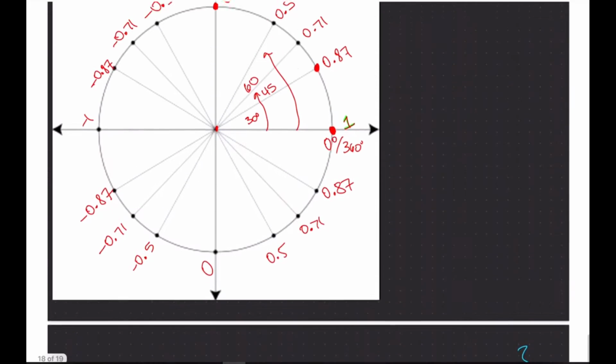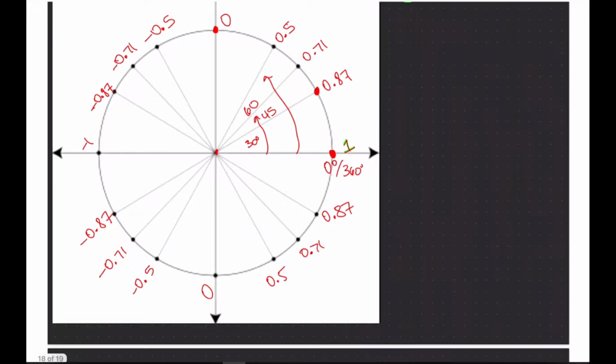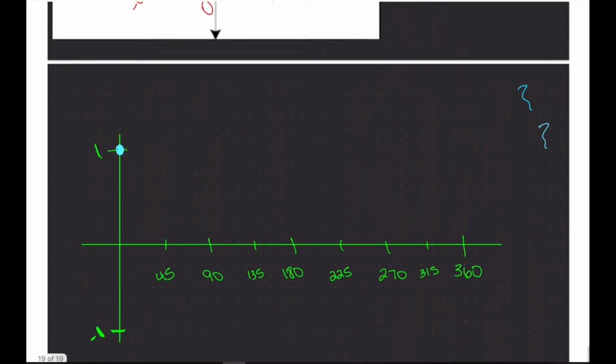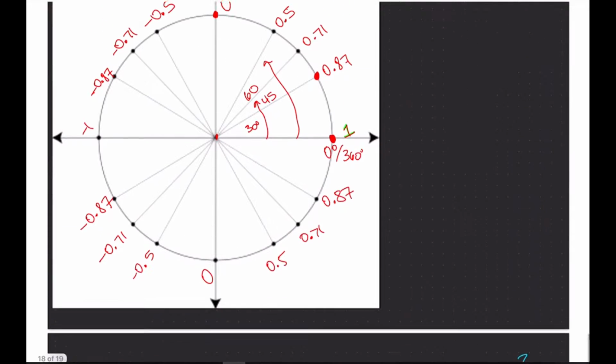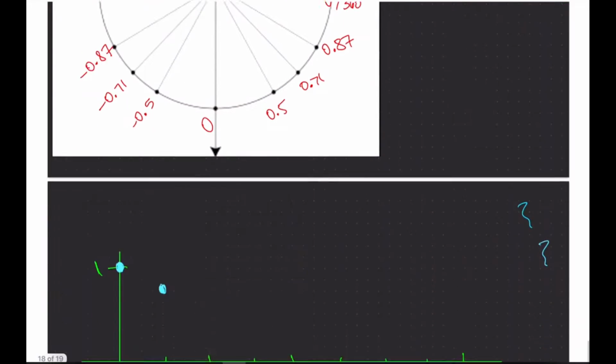So at 45 degrees, where are we at? Yeah, 0.71. So close to 1, but not quite 1. So right about there-ish. Where are we at 90 degrees? Yep, now we're at 0.